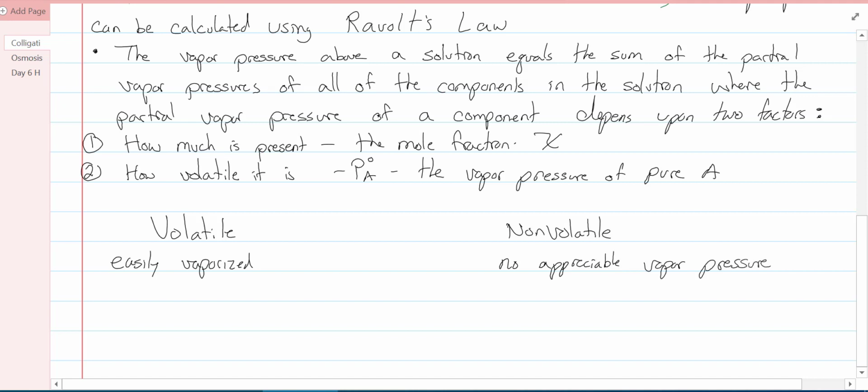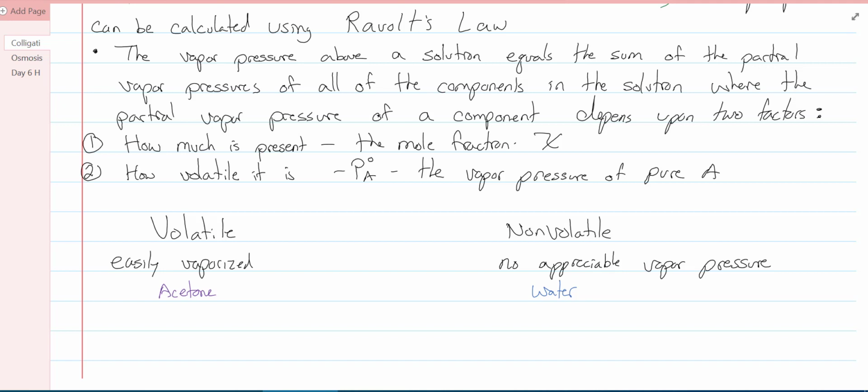Things considered volatile would be like acetone, which is nail polish remover. Water we consider non-volatile. If you've dealt with water and nail polish remover, acetone dries pretty fast, whereas water can take a while. It just depends on the conditions and where you're at. In desert conditions, water evaporates a lot faster than in the southeastern United States, where it's humid.